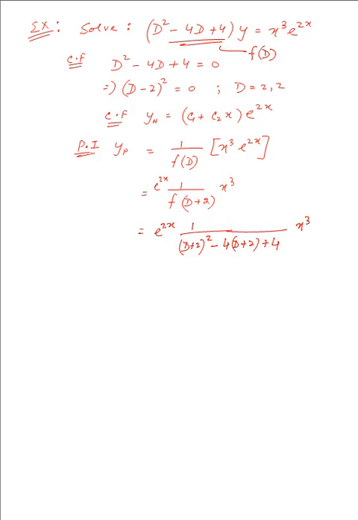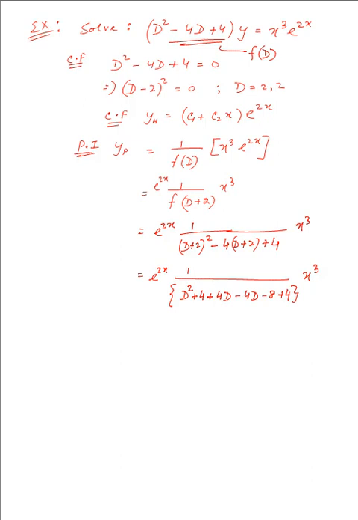We expand that term, so e to the power 2x, 1 over D squared plus 4 plus 4D minus 4D minus 8 plus 4, all of that multiplied to x cube.